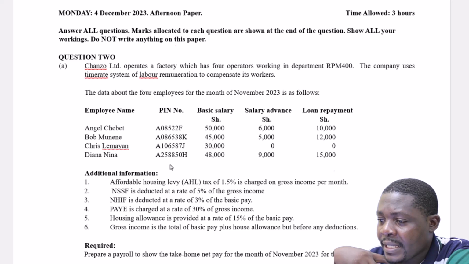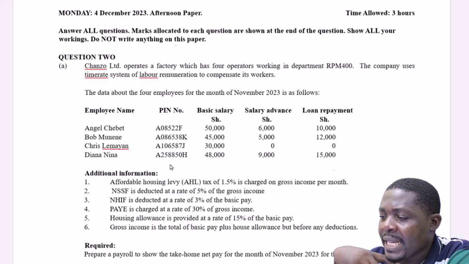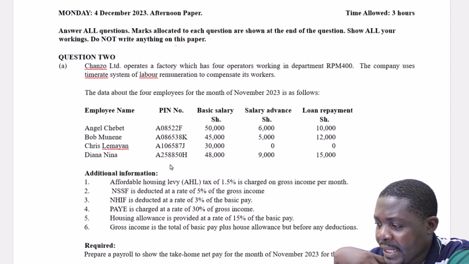NSSF is deducted at the rate of 5% of the gross income. NHIF is 3% of the basic. And the PAYE is charged at the rate of 30% of the gross income. And housing allowance is 15% of the basic.